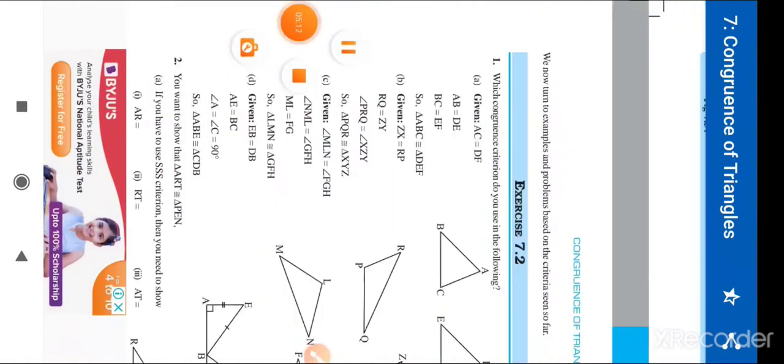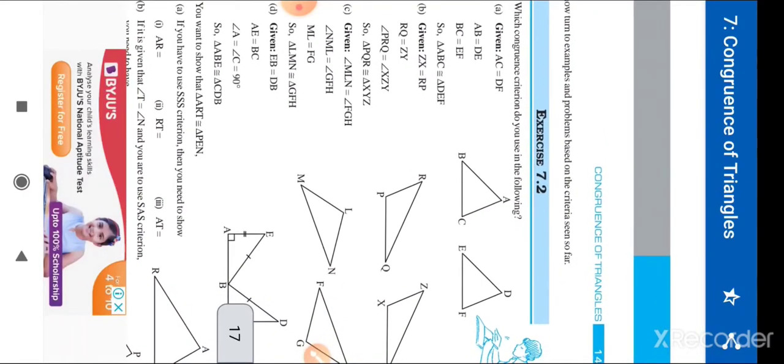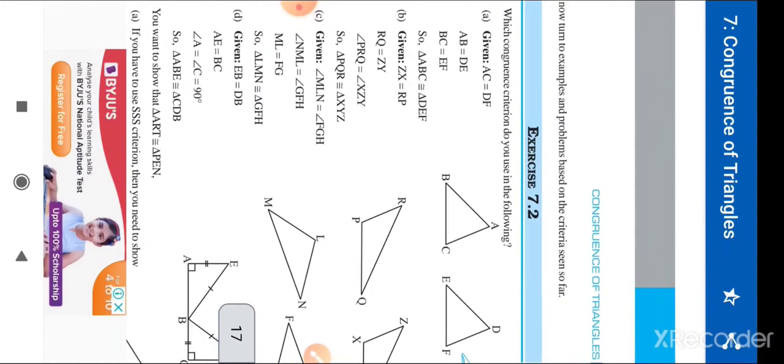After discussing all the criteria, we are going to start exercise 7.2, and the first question is, which congruency criteria do you use in the following? The first part is, it is given that AC is equal to DF, AB is equal to DE, and BC is equal to EF.